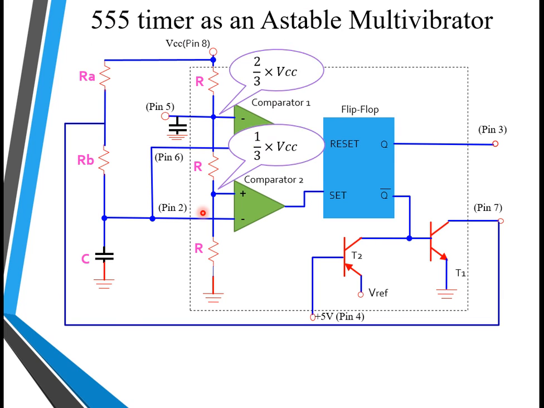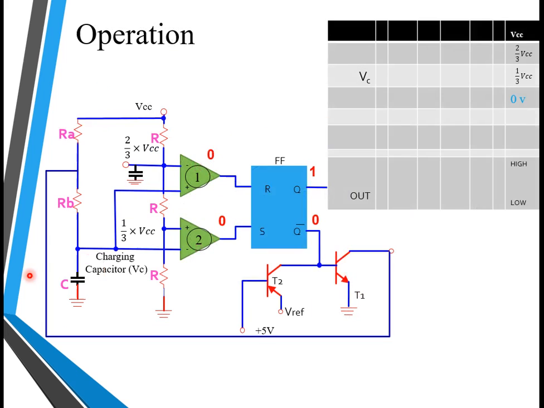Now, an interesting thing is the negative terminal of comparator 1 is 2/3 VCC and the positive terminal of comparator 2 is 1/3 VCC, which is always a constant value. We can change those constant voltages by applying any voltage at pin 5, and that's why pin 5 is called the control voltage pin.